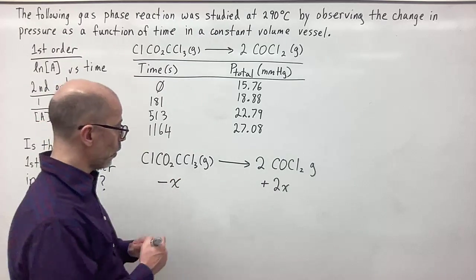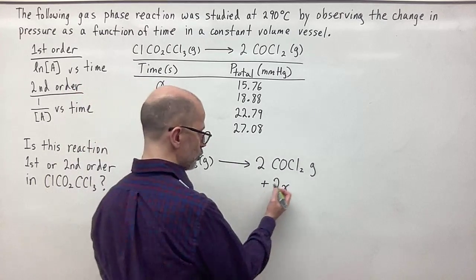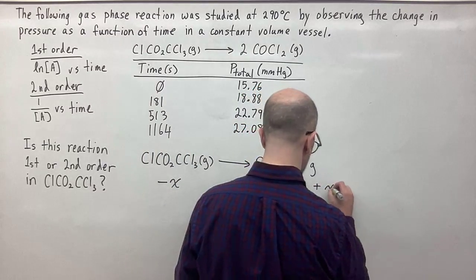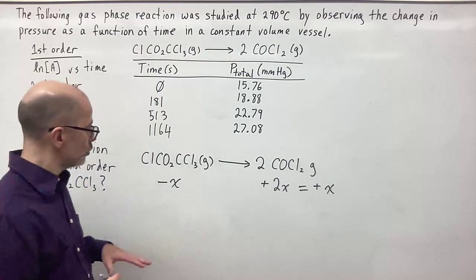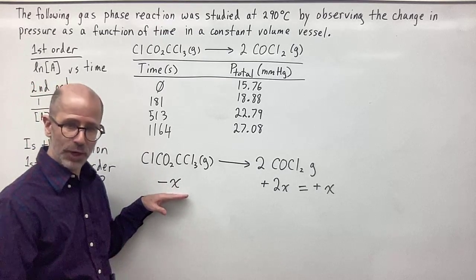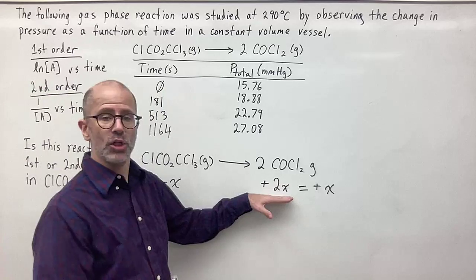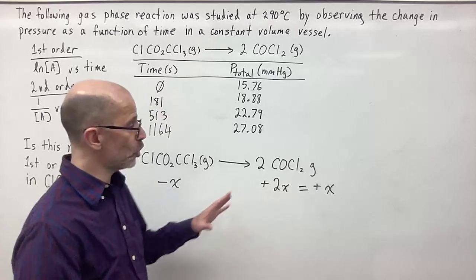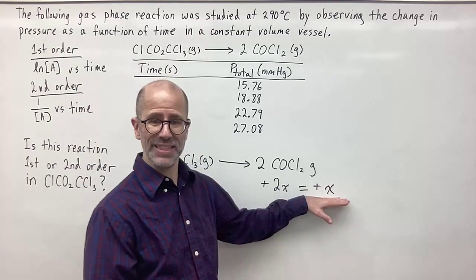Negative x plus 2x gives me a total of plus x. So overall, I gain a plus x amount. If we think of this in terms of pressure, I lose an x amount of pressure from my reactant, I gain 2x amount of pressure for my product, and so the overall change in the total pressure is going to be a plus x amount.